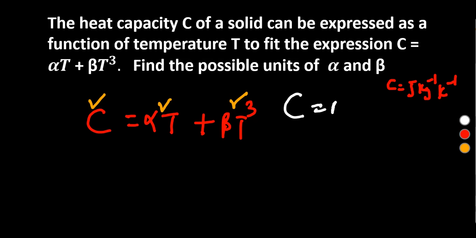Heat capacity is m c. This is capital letter C and this is small letter c. This is for the heat capacity and this is for the specific heat capacity. But the problem says the heat capacity C of a solid, so it will be the capital C that we'll be looking for now, the unit. So this will be C equals m, the unit of m. The m there is the mass.